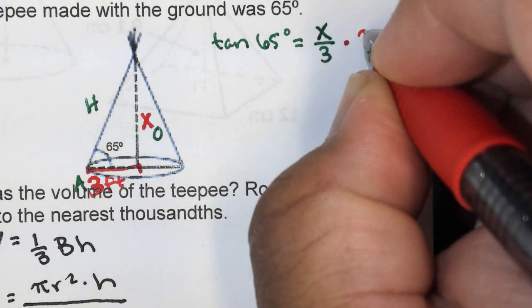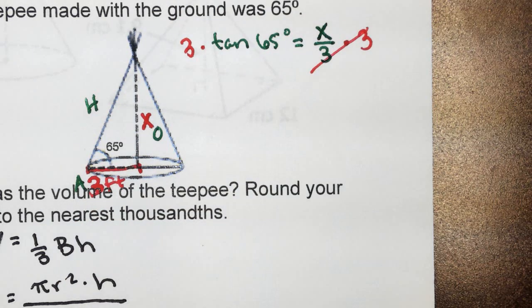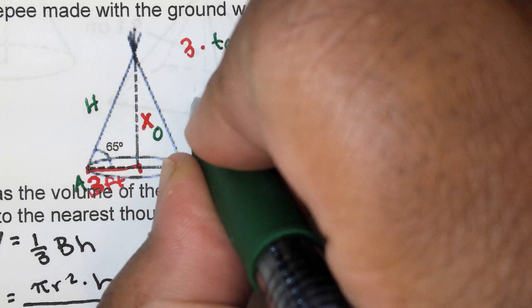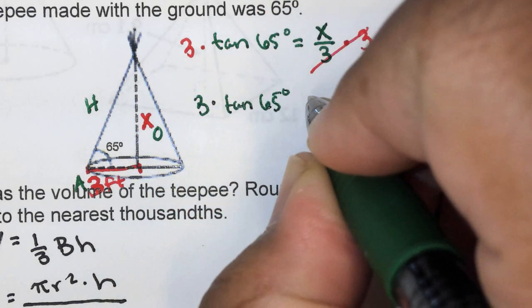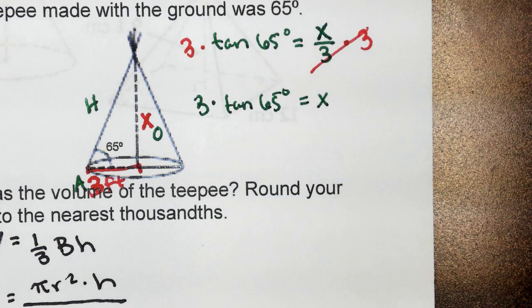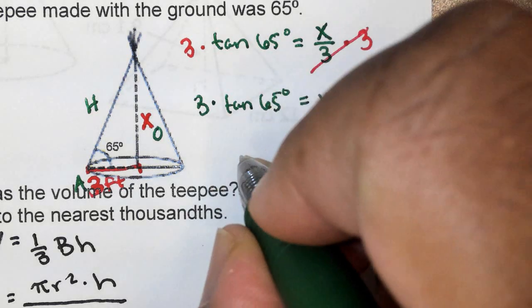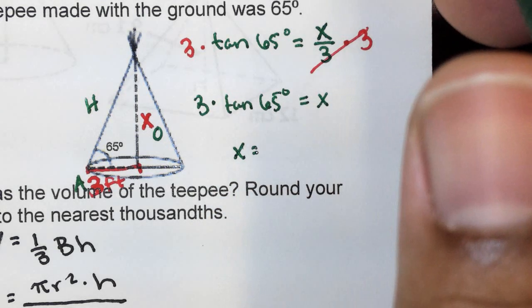Once you get that, numbers on the bottom, we can multiply by it. Yeah, I probably forgot how to put it in the calculator. 3 times 65 degrees tan.